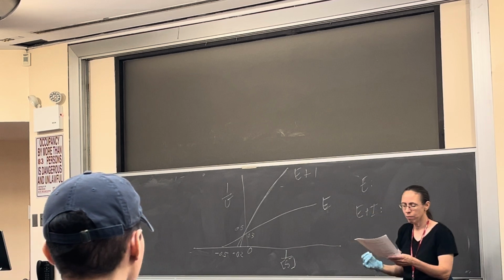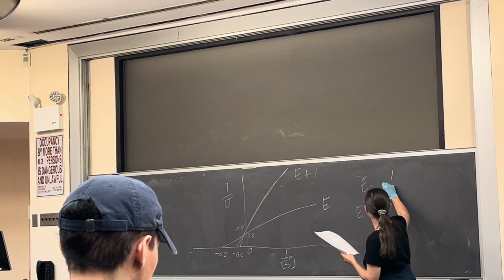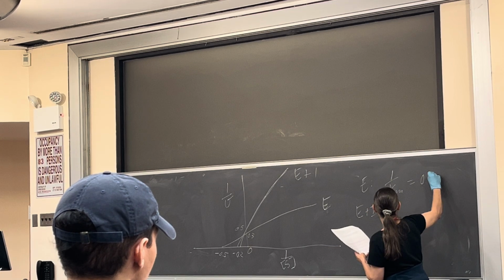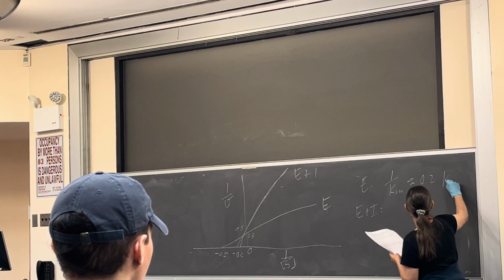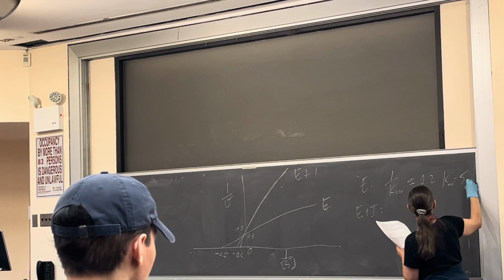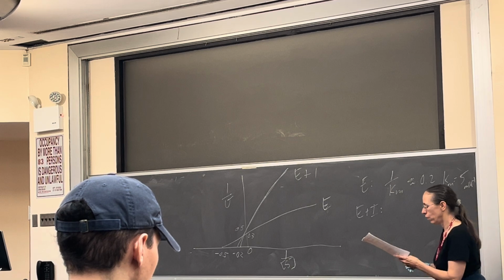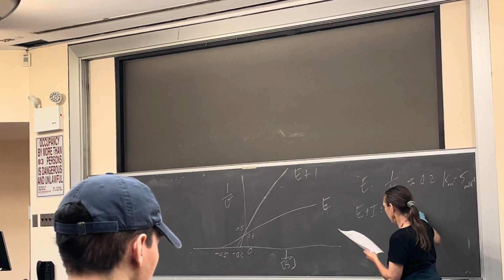For Km, the Michaelis-Menten constant, 1/Km was approximately 0.2. So Km was approximately 5 millimolar, whereas this Km was approximately 2.